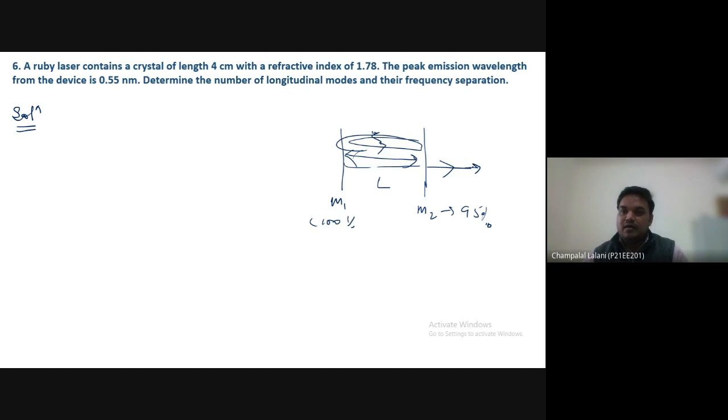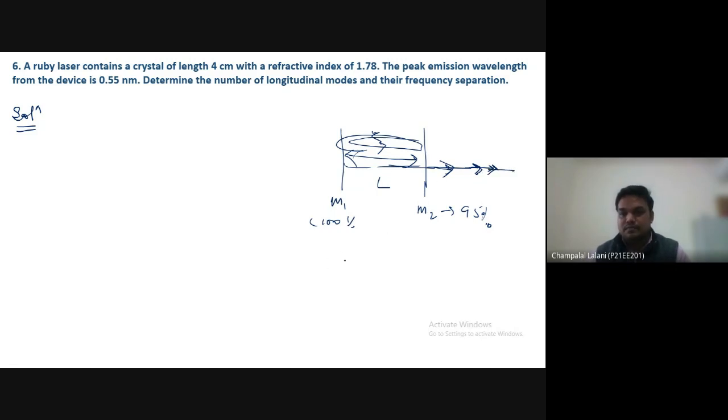So when light is emitted out of this source, it is coherent.